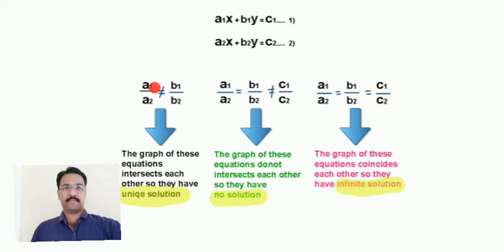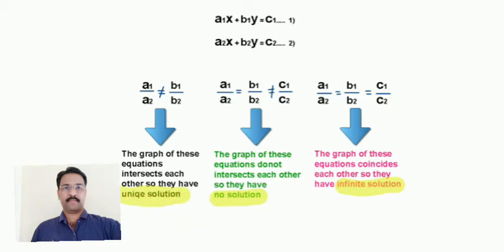If the ratio a1 to a2 and the ratio b1 to b2 are not equal, then the graph of such equations always intersects each other, so they have a unique solution. Remember friends, they have a unique solution.